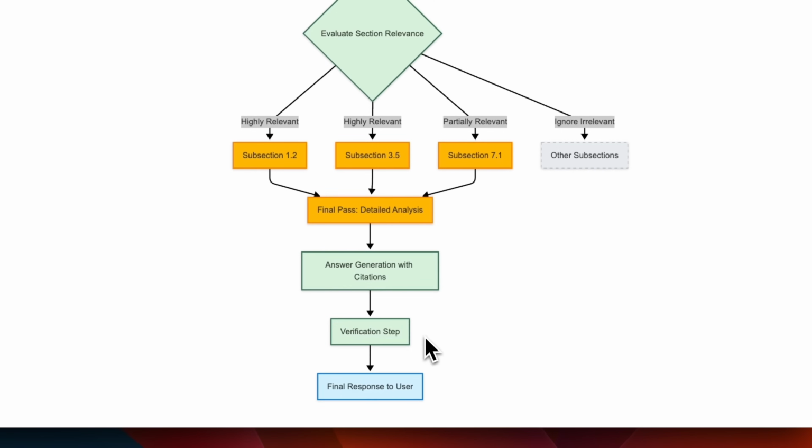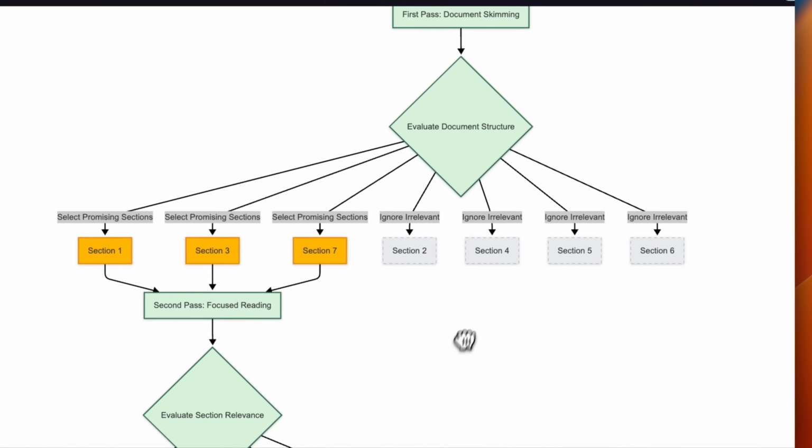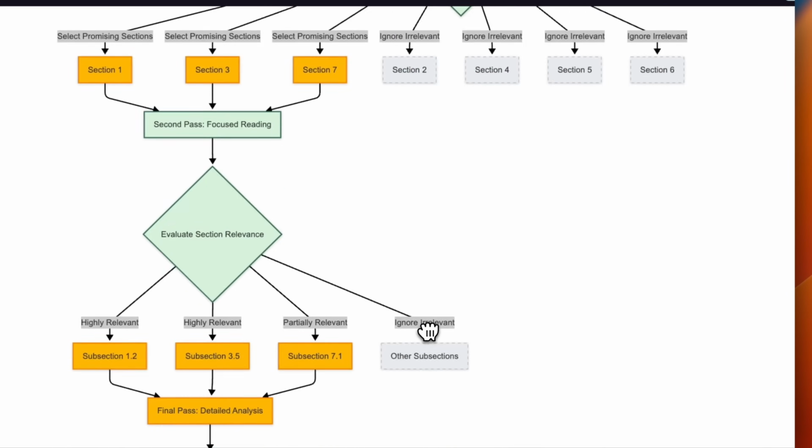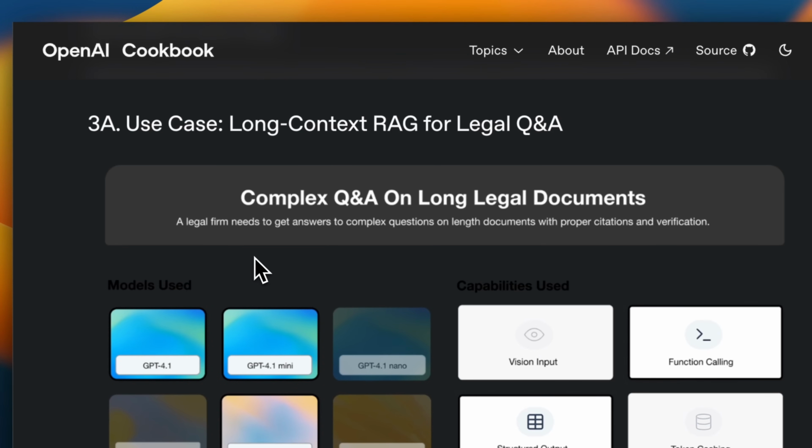So this ensures that the system is not hallucinating. Now, each of these steps can be treated as a sub-agent, and for each one of them, you need an LLM with different capabilities. And that's exactly what the OpenAI team is proposing here.